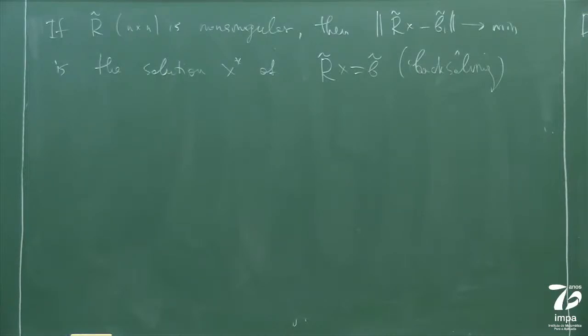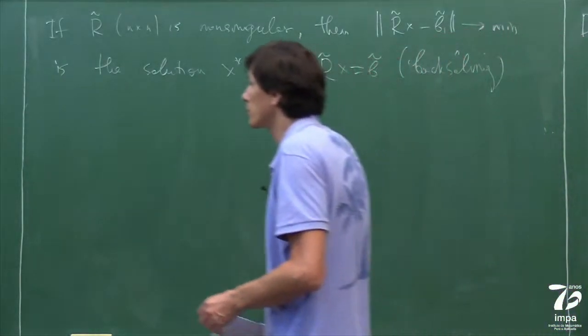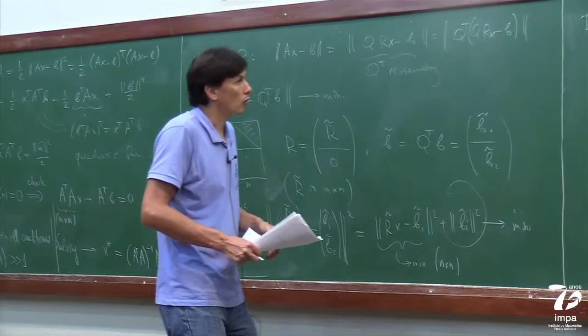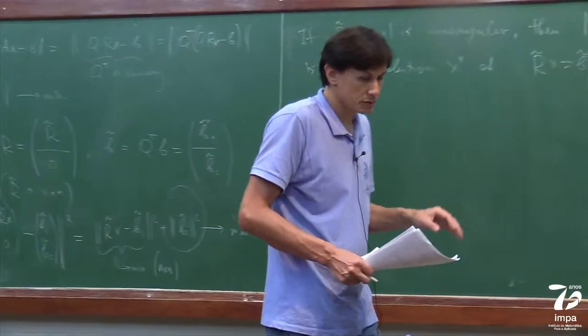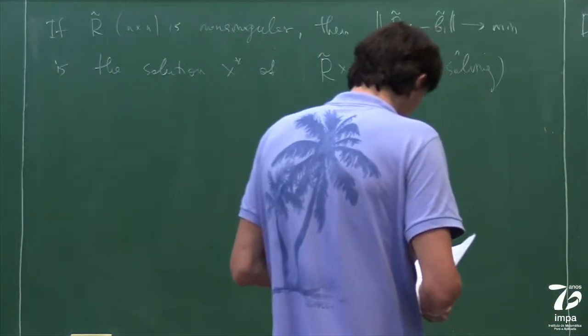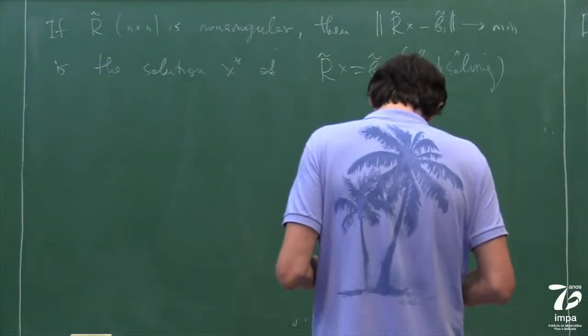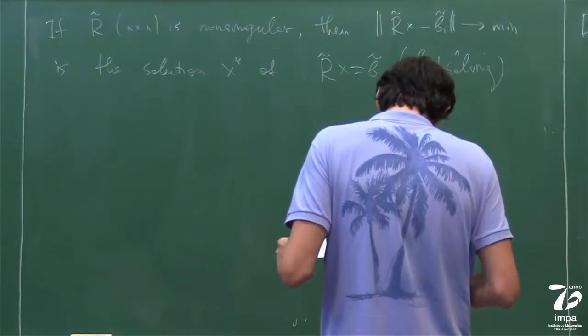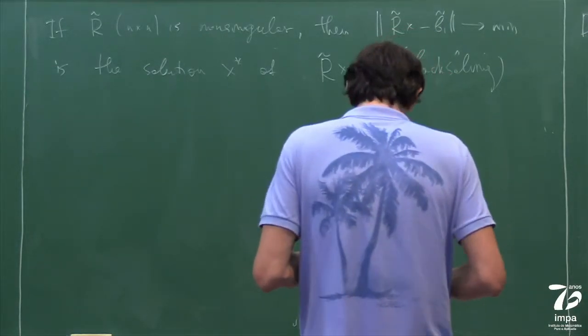So as soon as you get the QR decomposition, solving the least squares problem becomes straightforward, and it's good from a numerical point of view, because all pieces in this process are well conditioned. Okay. So this is it.